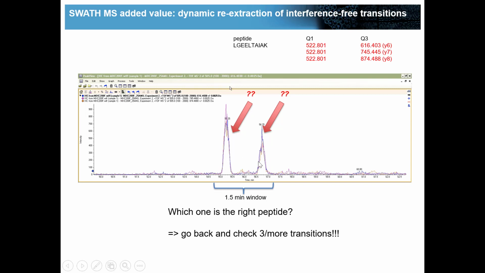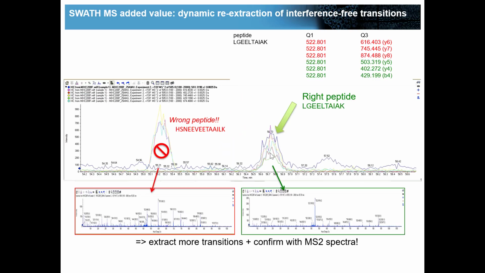So which one is the correct one? If this was SRM data, you would be stuck. It would be hard to determine which one of these peaks is the correct one. However, the point I'm trying to make with this figure is that if it was DIA data, you could just go back dynamically and extract more fragment ion signals.